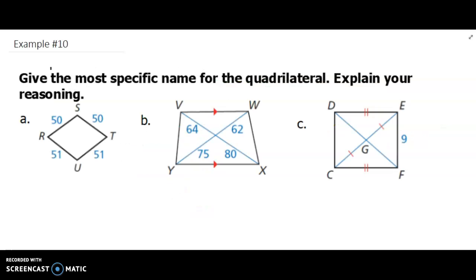All right, so last example, I want you guys to go through, do ABC on your own, and then we'll talk about them. Make sure you only look at exactly what is given. You can't assume something if it's not given to you.